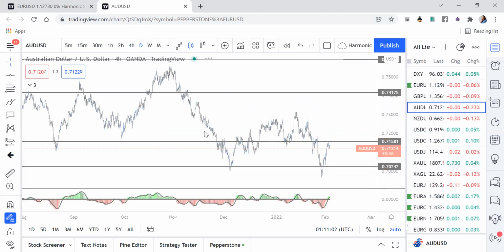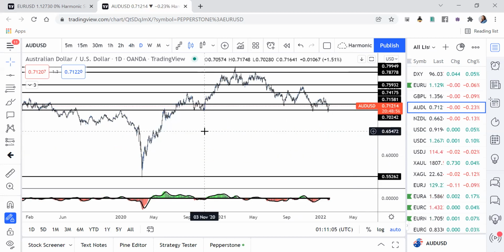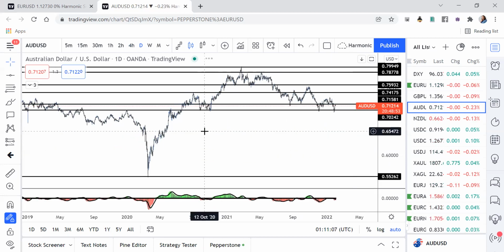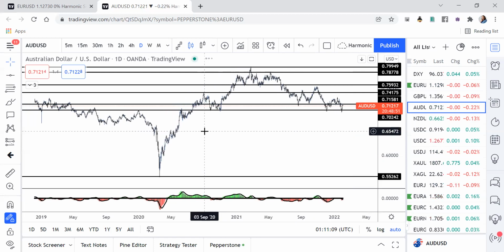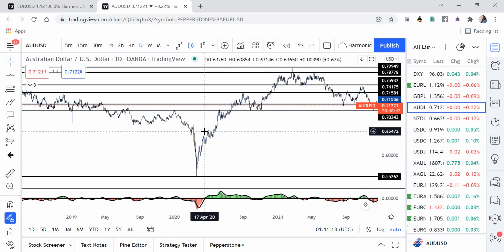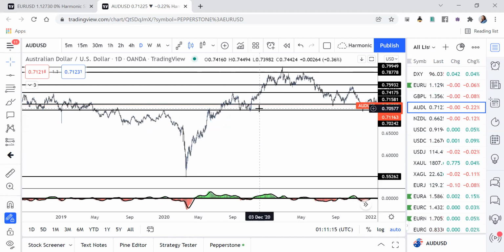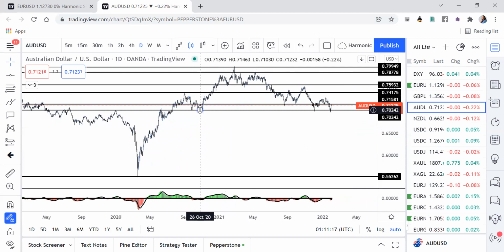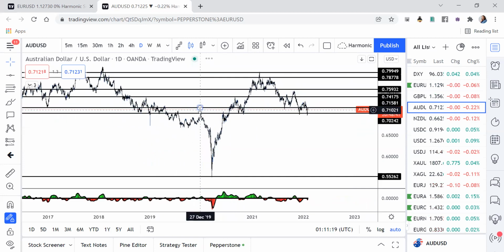Actually, sorry. Let me go back to the daily time frame. Now I would admit that this may be a little difficult for you guys to see in terms of a break, retest, and a continuation, but that's basically what we have, right?